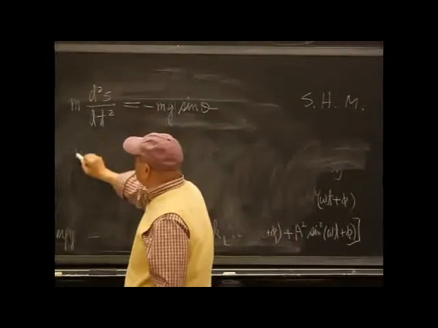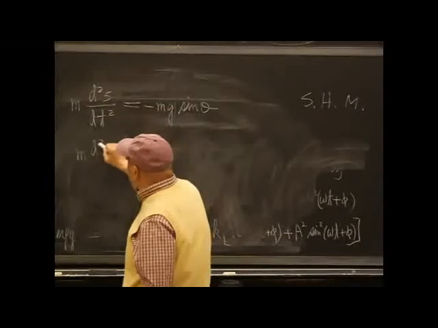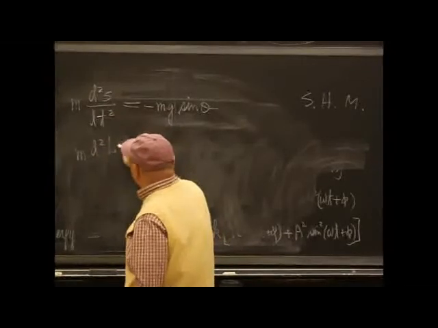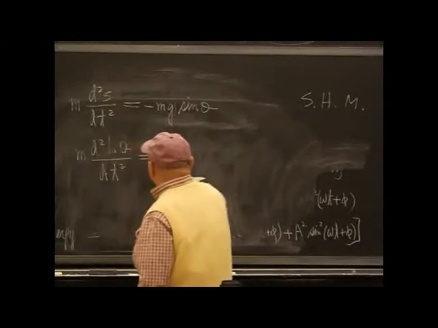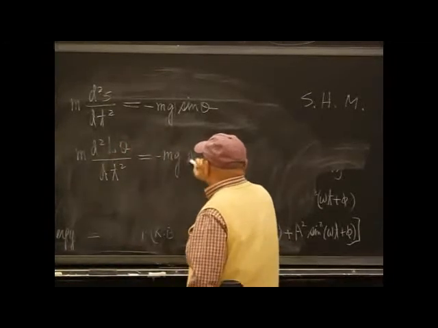So we substitute that: m d2 of L theta dt2 equal to minus mg times sine theta.